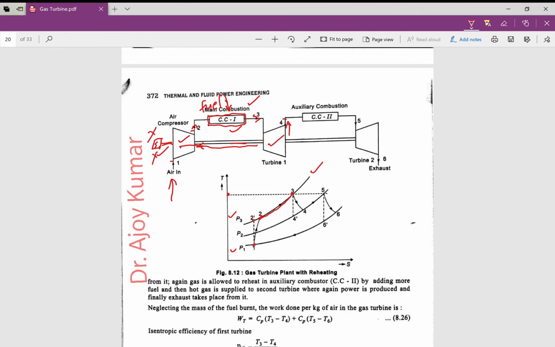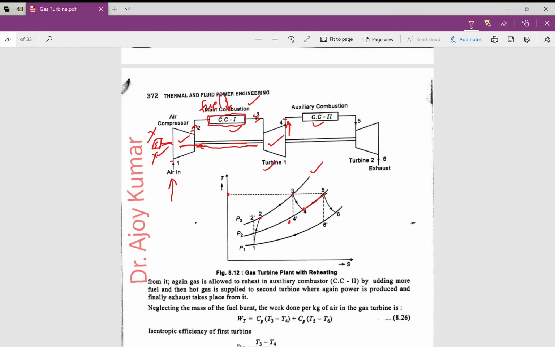it enters combustion chamber number 2, CC2. Combustion chamber 2 is shown over here. Prior to this, 3 to 4 is the isentropic expansion taking place in turbine 1.